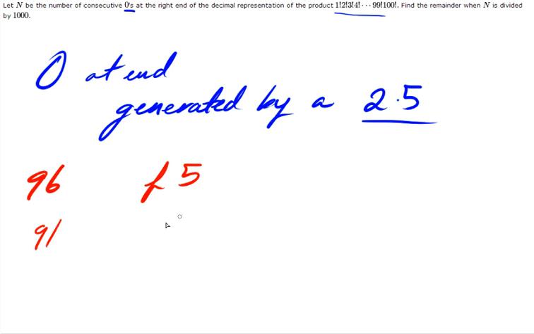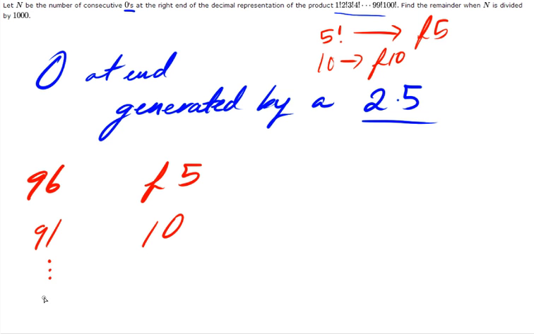Then you can note that 91 have a factor of 10. I'm getting this by noting that every number past 5 factorial should have a factor of 5, and similarly, every number past 10 factorial should have a factor of 10. If you continue this, you get an arithmetic series that goes all the way down to 1.